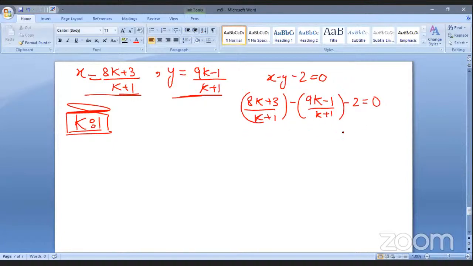Till this point, is it matching your results? Yes, ma'am, the calculation mistake is with the 2 of k plus 1. Okay, just let me check it once. Ma'am, you arranged it in the wrong way.